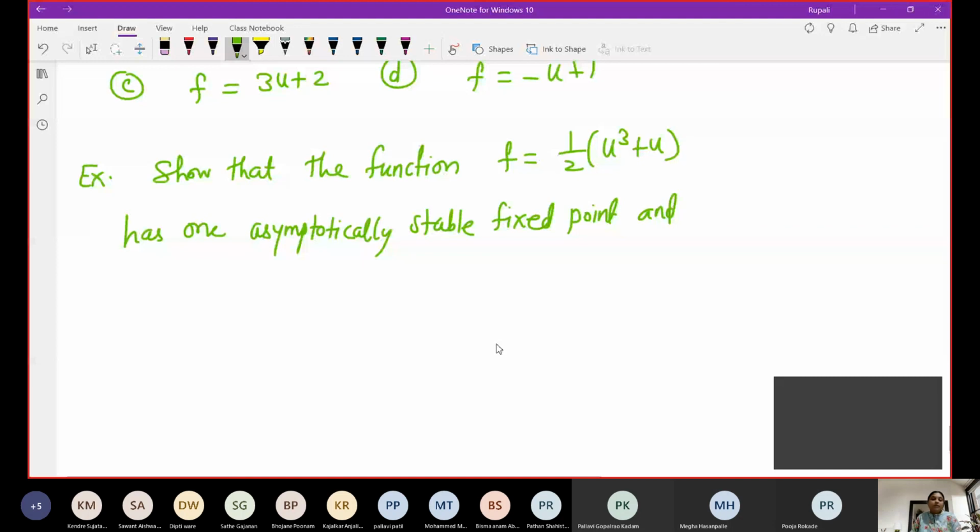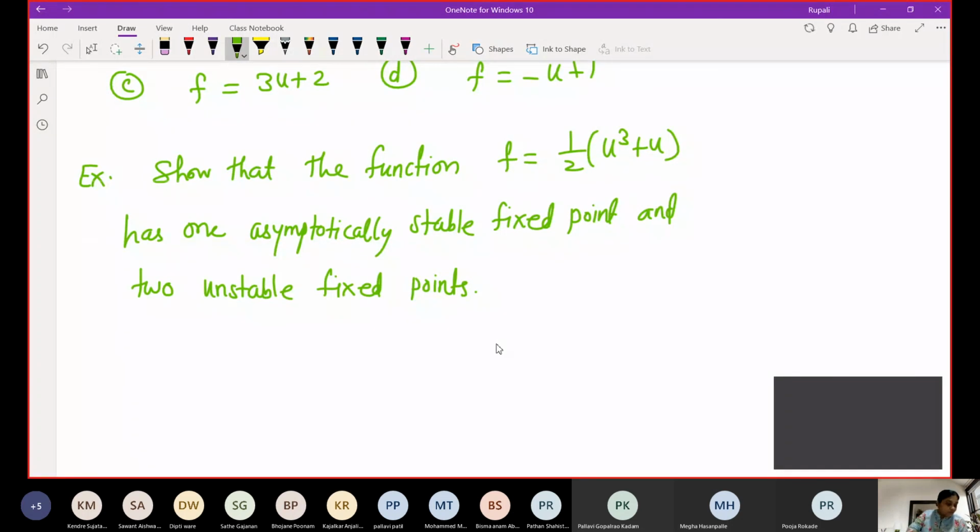So first you need to find fixed points. Since it is cubic, you will have three solutions of this equation. Those three will be the fixed points, and if you calculate mod of f dash at u, one will be strictly less than 1, and for the remaining two points it will be strictly greater than 1. So they will be unstable fixed points. Okay. So you can check this.